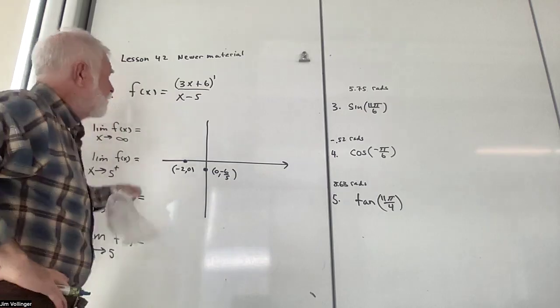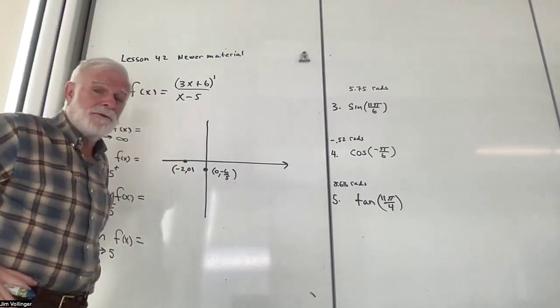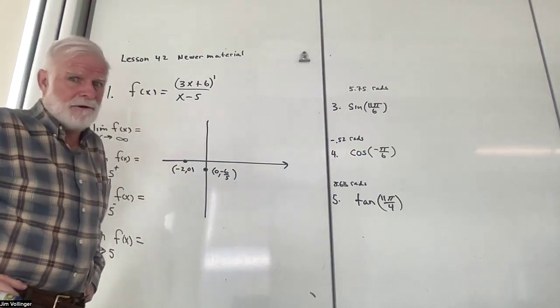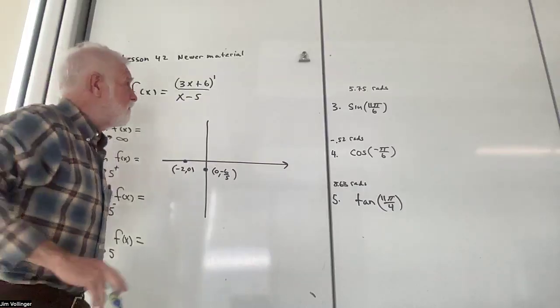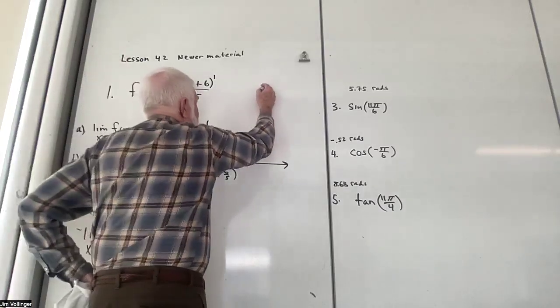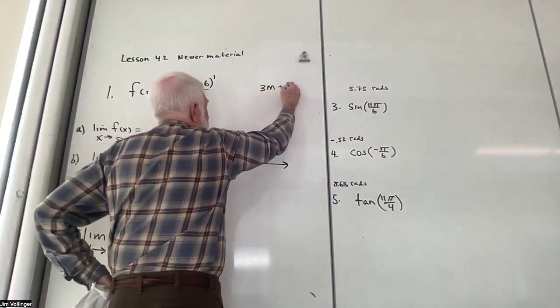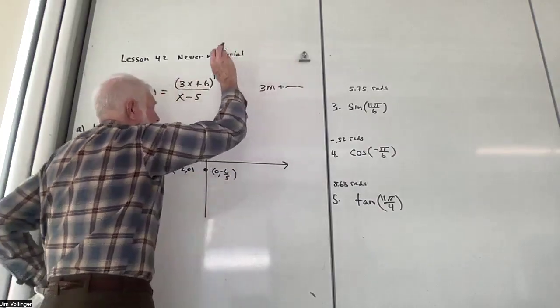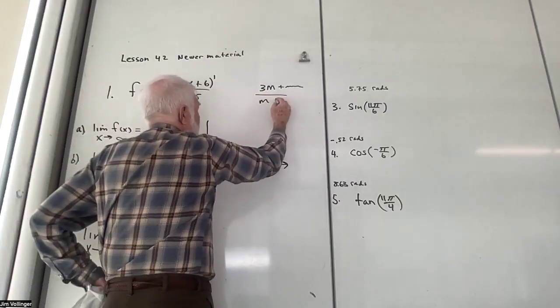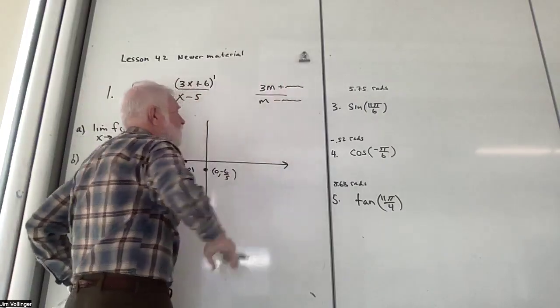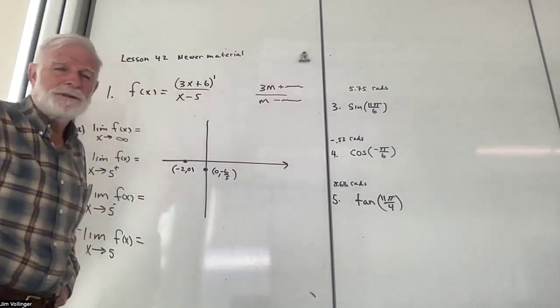So 10 gives us a feel for this, but certainly 100 gets us a better feel. 1,000 gets you a better feel. I like to throw in 1,000,000. If I throw in 1,000,000, I've got 3 million in the numerator plus some minuscule change in comparison. And I've got 1,000,000 in the denominator minus, really, in comparison, negligible change.